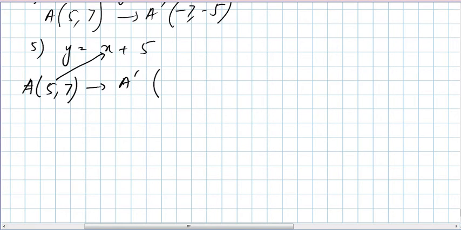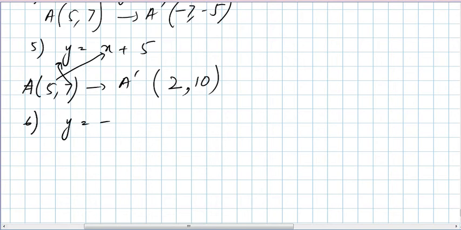So the y value becomes 5 plus 5 becomes 10. And if you input this y value 7 over here, when 5 moves to the other side, 7 minus 5 becomes 2. So the x value becomes 2. And you can just observe this on the graph paper, that the reflection of 5, 7 about y is equal to x plus 5 always gives 2, 10.